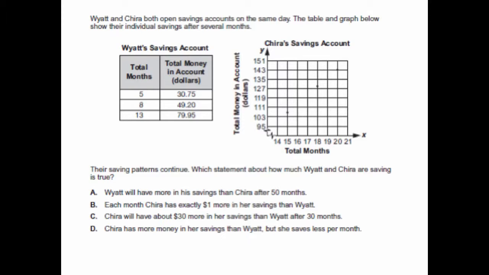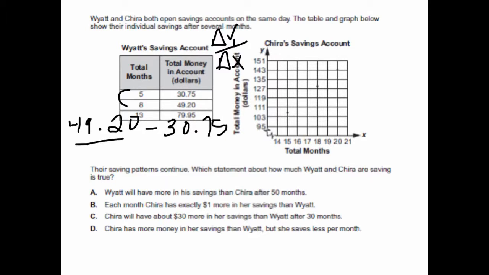So again, for Wyatt, it's going to be change in y over change in x. So I'm going to have 49.20 minus 30.75 over 8 minus 5.